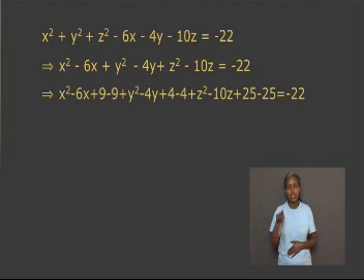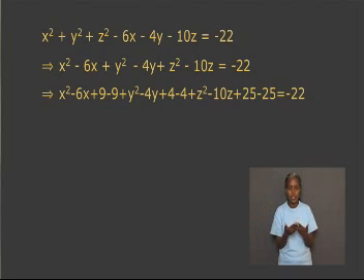Then x squared minus 6x plus 9 minus 9 plus y squared minus 4y plus 4 minus 4 plus z squared minus 10z plus 25 minus 25 equals negative 22.